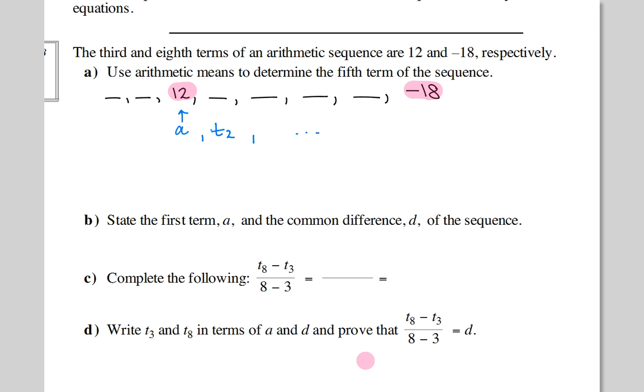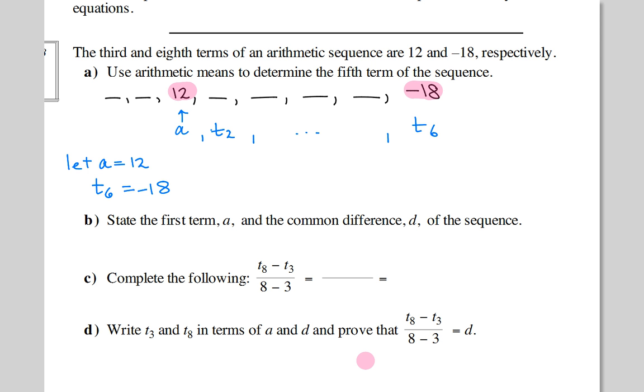We've got T3, T4, T5, and this would be T6. So we just do a general formula for 6 terms where the starting term is 12. So let A equal 12 and T6 equal negative 18.